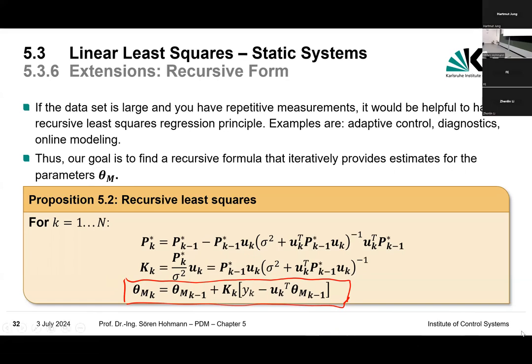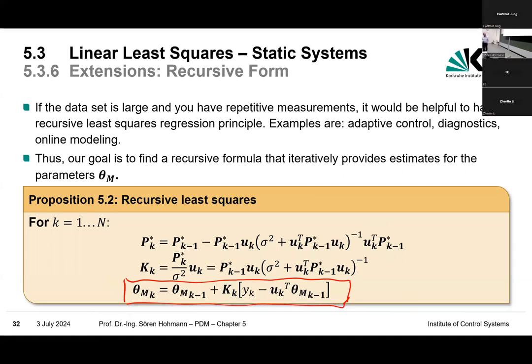Okay, and it works. Of course, you should not use something like P0 as being not a covariance matrix. So a very typical choice is just the unity matrix multiplied with some value, and then you can try your best to get a good fitting. But the initial values are unknown, of course.